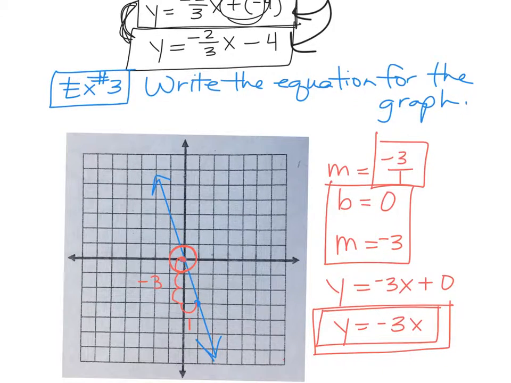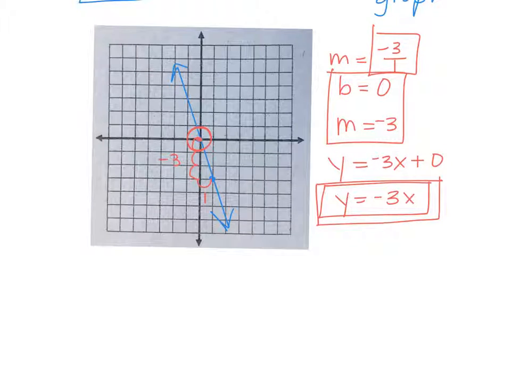Okay, new graph. Let's say we have a point at 0, negative 2, and a point at 1, 0.